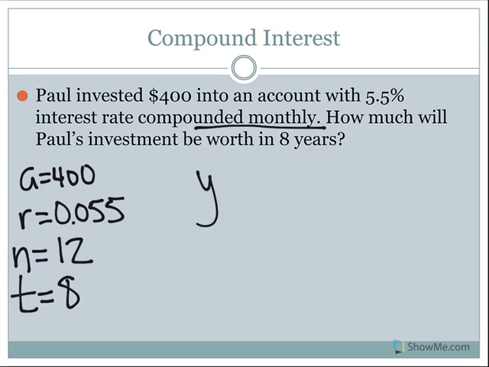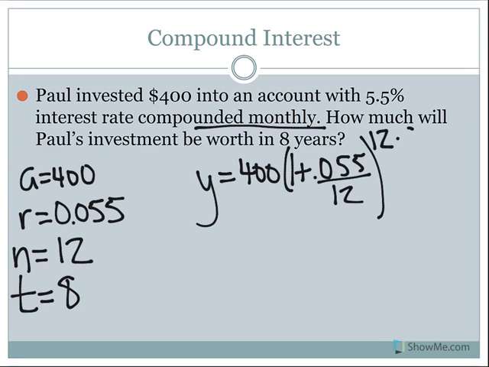So we set this up in our calculator. We do 400 times 1 plus our rate over n, all to the n times t power. We could simplify as we go here.